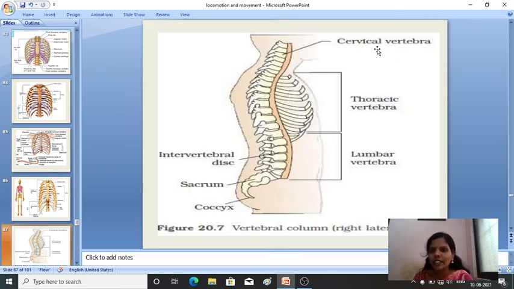Here you can see the cervical vertebrae, the thoracic vertebrae, and the lumbar vertebrae. Then this is the intervertebral disc, this is the sacrum vertebrae, and this is the coccygis.